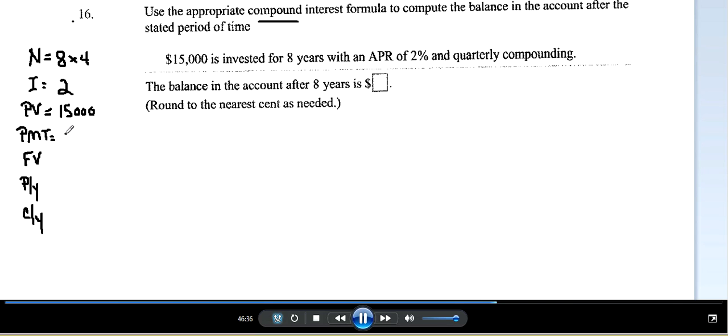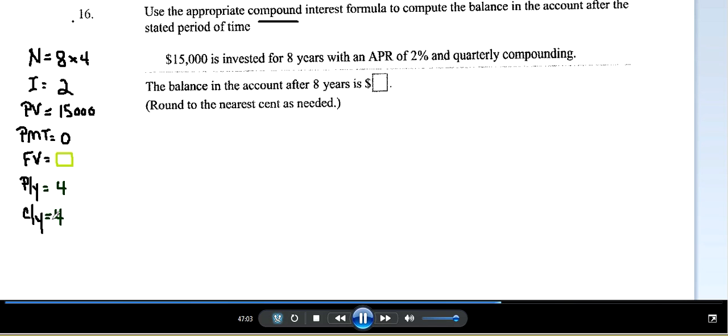Payment, not doing payment. Future value, that's what we're solving for. Use my color-coordinated green key here, if you need that. And the PY and CY, well, this is compounded quarterly now, so this isn't going to be 1, it's going to be 4.